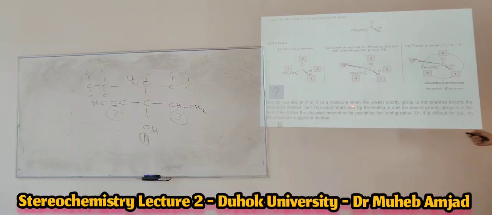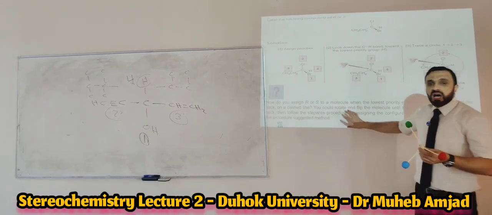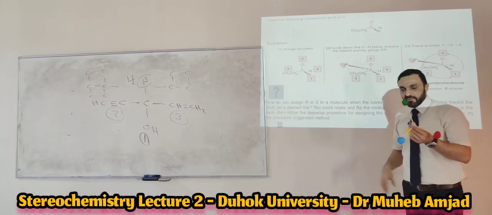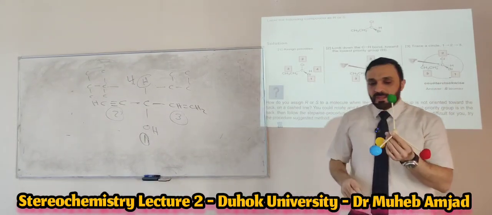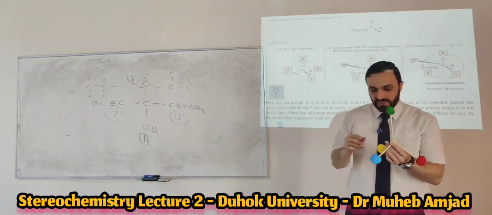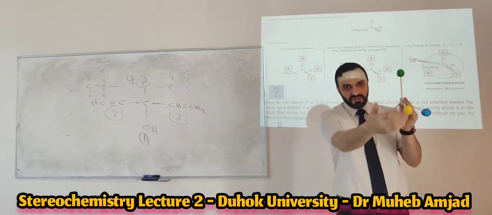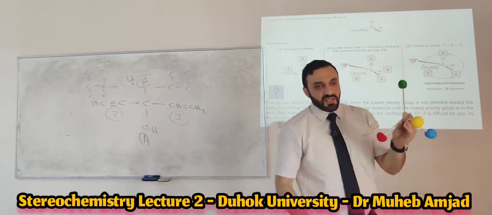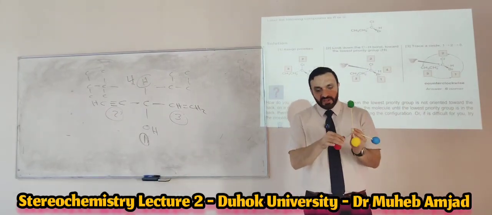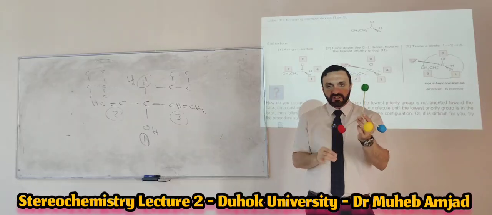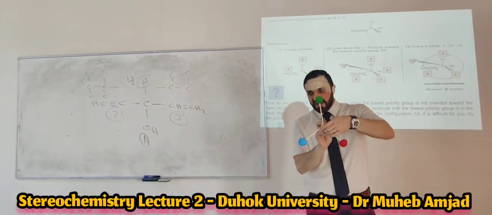How do you assign R and S when the lowest priority group is not oriented toward the back side? Okay, look here, inshallah, next lecture we talk about this, how you can arrange the atoms. If your hydrogen is on this side, near you, on the paper, when you answer the question, you don't know how to rotate like that.